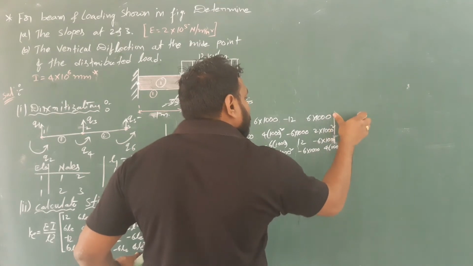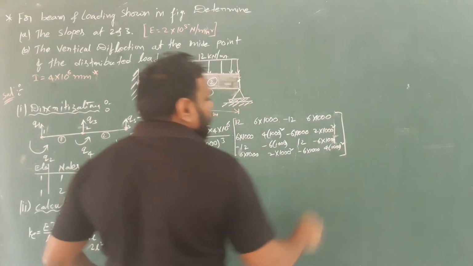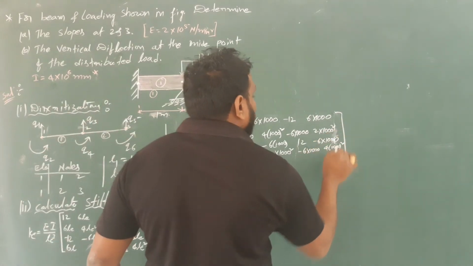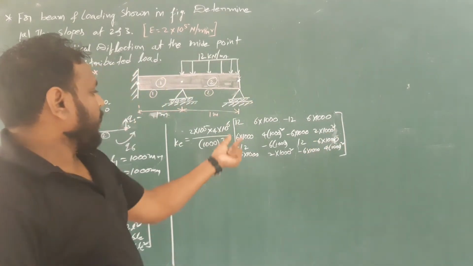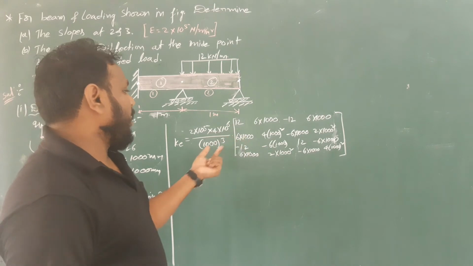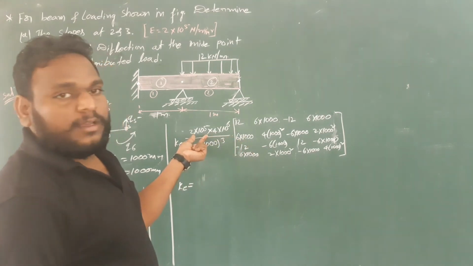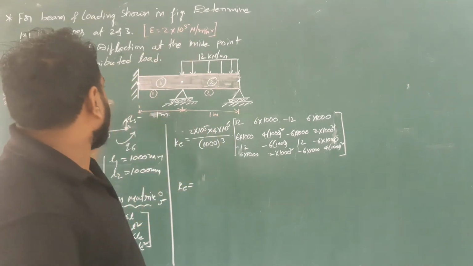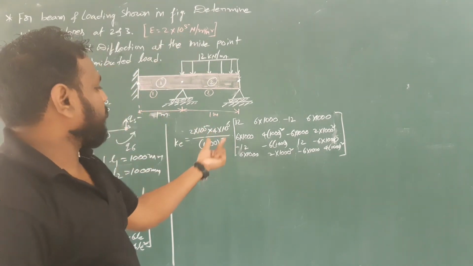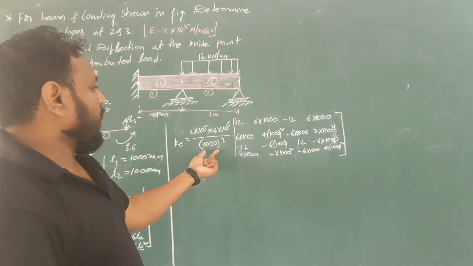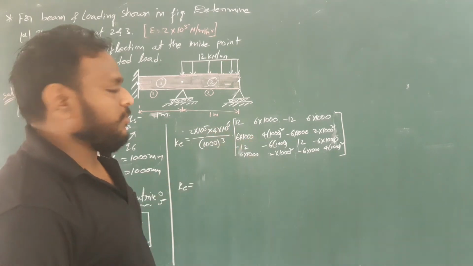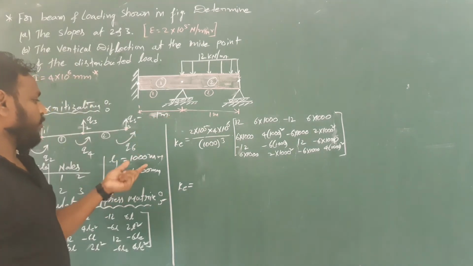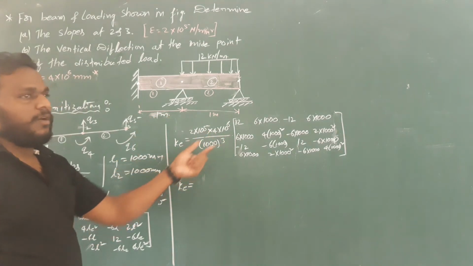This is finally what we got after substituting the L value in mm, because the Young's modulus is in Newton per mm squared and the moment of inertia is also in mm. So the L_E value is also substituted as 1000: 1 meter means 1000 mm.